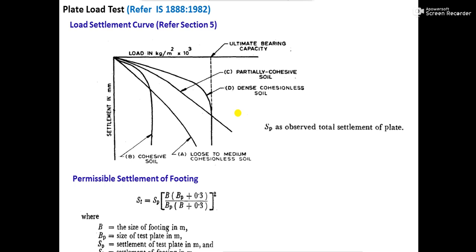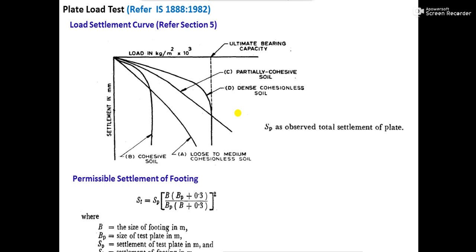Okay. Now coming to the last part of this discussion of the plate load test, the beauty of the plate load test is that from different studies by different scientists and soil mechanists, people have come up with a formula to find out the settlement of the footing from the settlement of the plate.